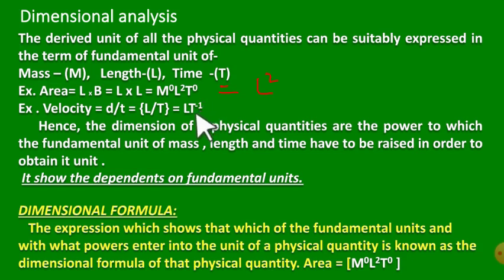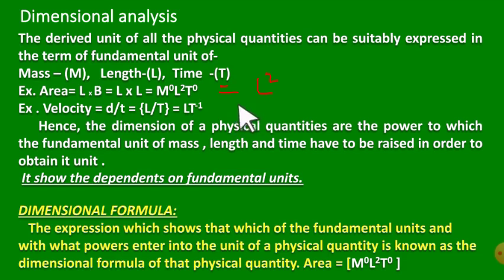So in the expression of velocity, length comes, and time comes with power minus 1. So velocity has a dimension of 1 in length and minus 1 in time. From here we can easily find their SI units, or units in another system of units also.